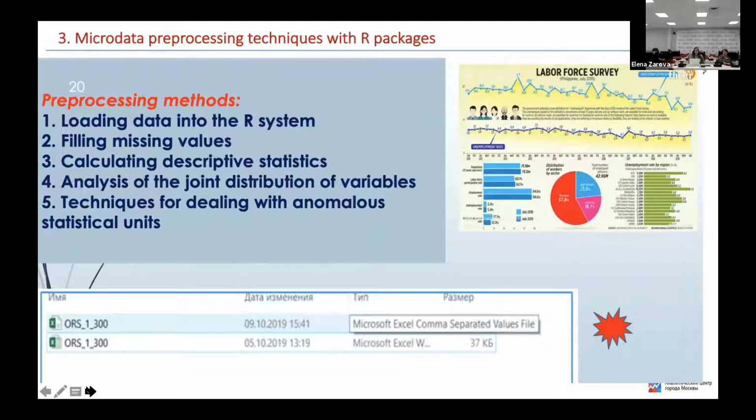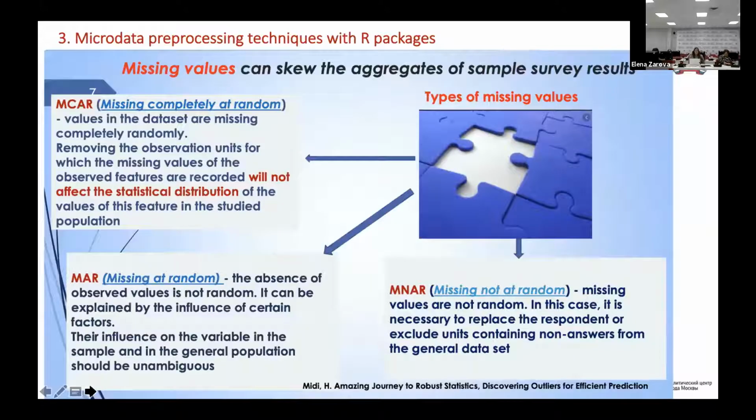A few words about preprocessing data. As you remember, Professor Zarva gave us the entire steps on how to work with data. So you have to load data, fill missing values, calculate descriptive statistics, and so on. Also, really important knowledge we had yesterday is that data could be missing at random and not at random.